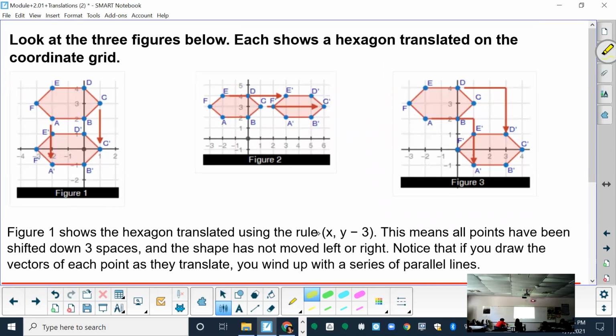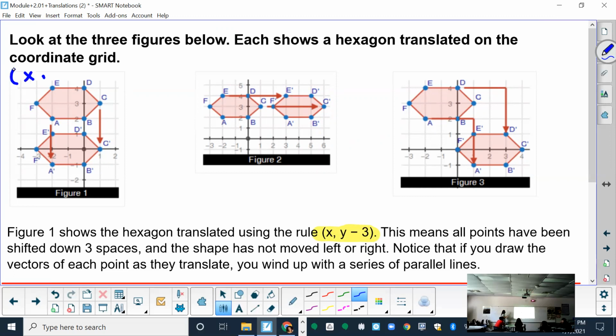We're going to highlight the rule for this first one. Notice, is there any movement left or right from this top hexagon to the bottom hexagon? Does it move left or right at all? That is why the rule for it is just x. I guess you could write x plus 0, but x plus 0 is still just x.